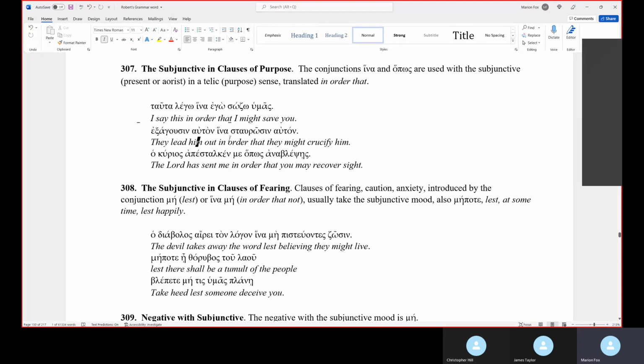In order that, and then usi, they might crucify him. That was their purpose. So the purpose of leading him out was to lead him to crucifixion. And if this is in the Bible, it sounds like something I think I've seen somewhere, but it would, of course, be the Lord's crucifixion. Okay.